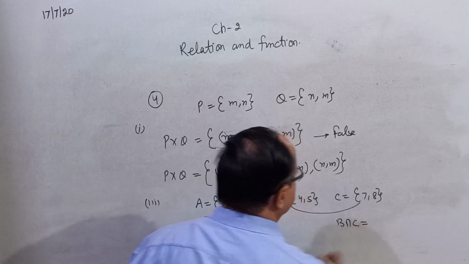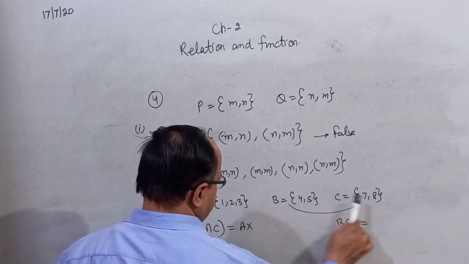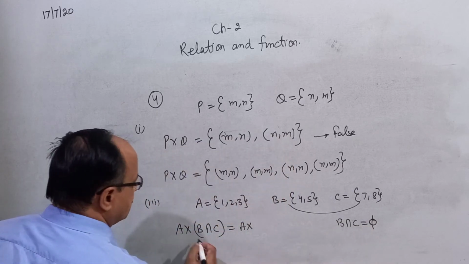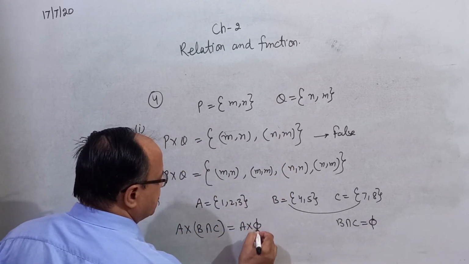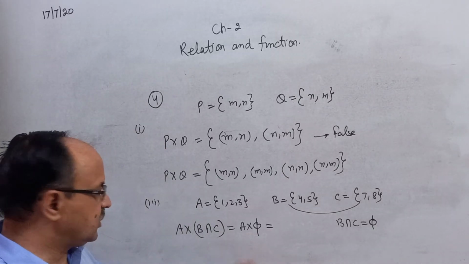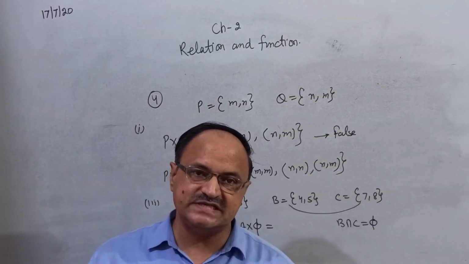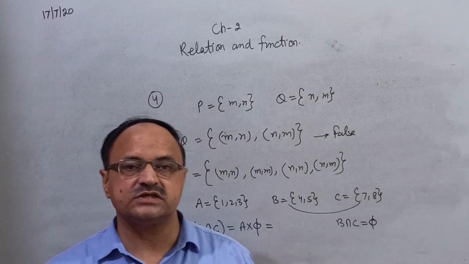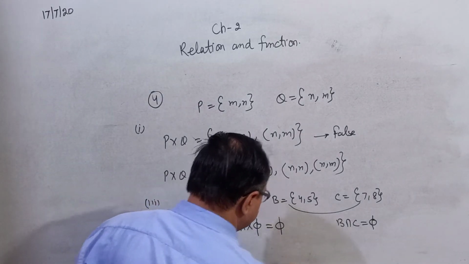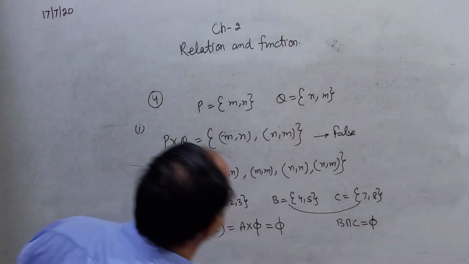Does it have any common element? No. It means phi. So you can say A cross phi. According to the property, if any one set is empty, then the Cartesian product is also empty. Therefore, this is the empty set. This is the solution of this question.